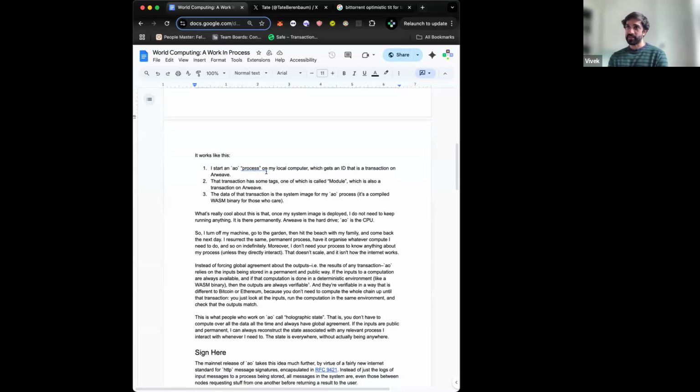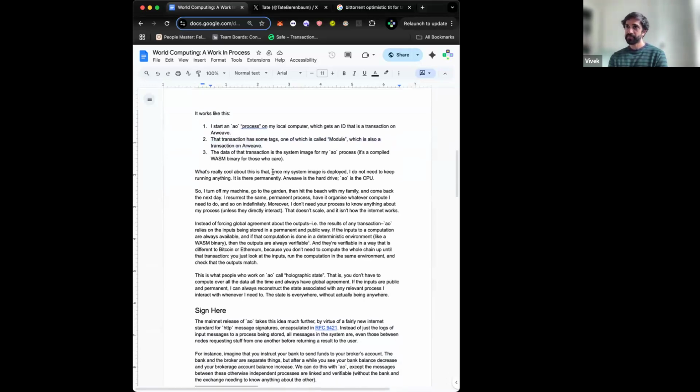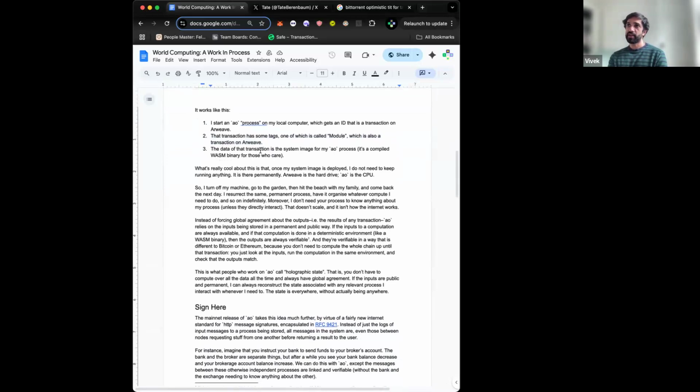I start an AO process on my local computer, which gets an ID. That's a transaction on Arweave. Then the transaction has some tags, one of which is called a module, which is also a transaction on Arweave. The data of that transaction is the system image for my AO process.